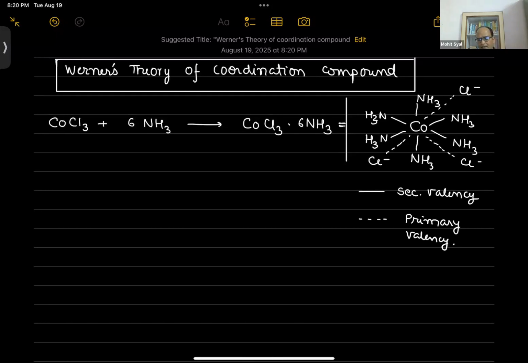Okay. Secondary valency and primary valency were the two types of bonding indicated by Werner in his theory. And as you can see, the 6 ammonia molecules are satisfying 6 secondary valencies and 3 Cl minus are satisfying the primary valency, which is equal to its charge.